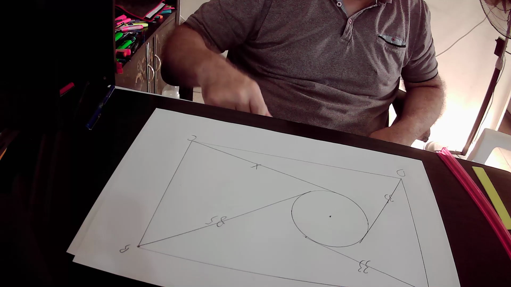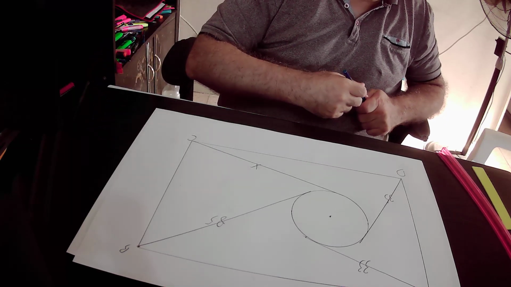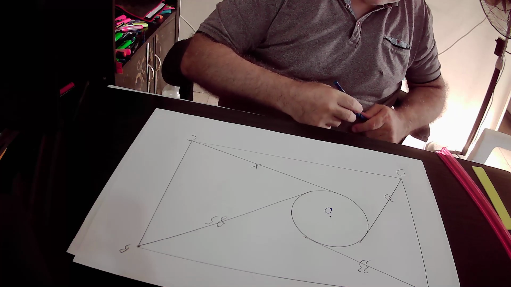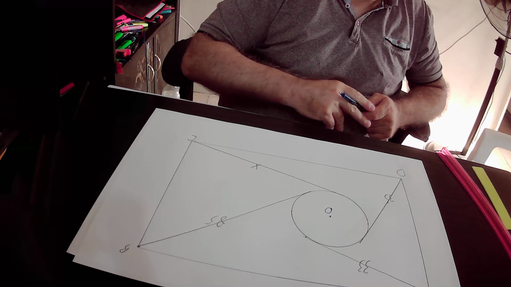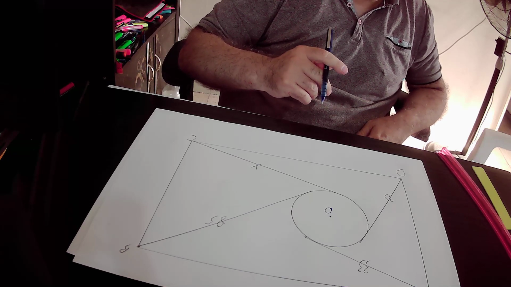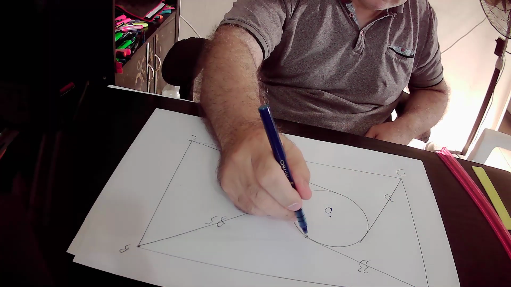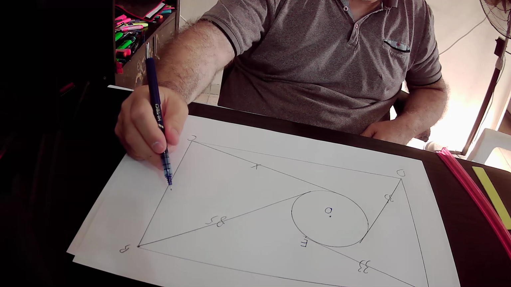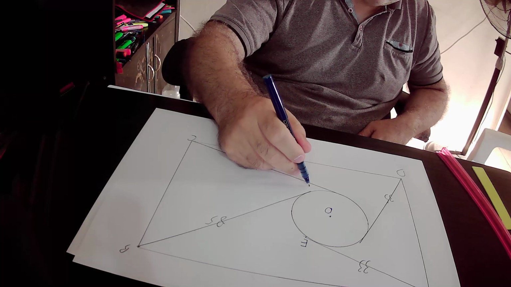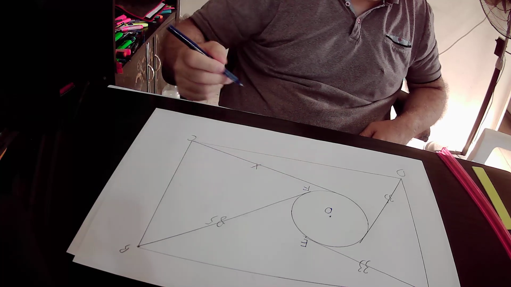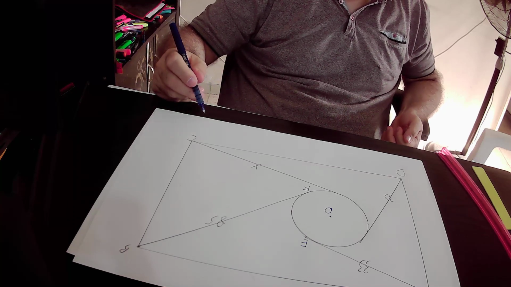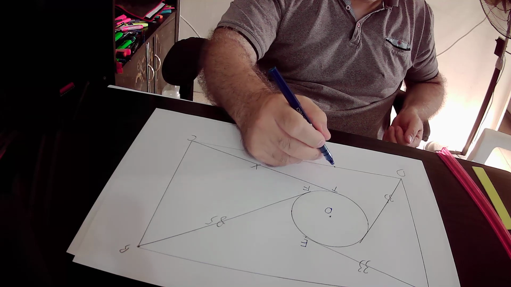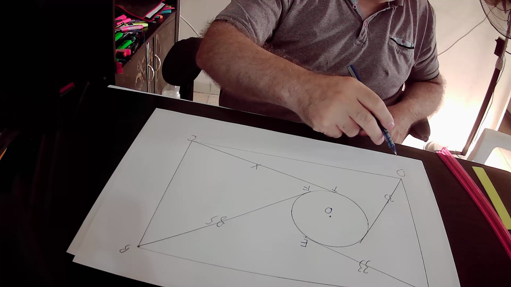So, first of all, we define the center of this circle as O. We define the point of tangency of the tangent from point A to this circle as E. We define the point of tangency of the tangent from point B to this circle as F. We define the point of tangency of the tangent from point C to this circle as T. We define the point of tangency of the tangent from point D to this circle as M.